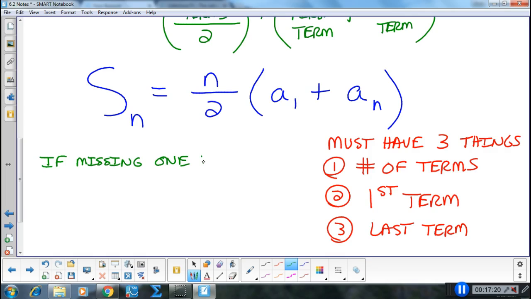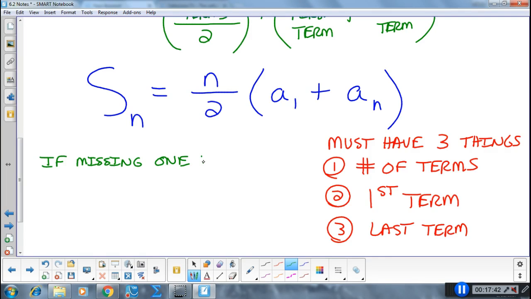What do we use if we don't have one of those terms? A variable. The recursive formula.